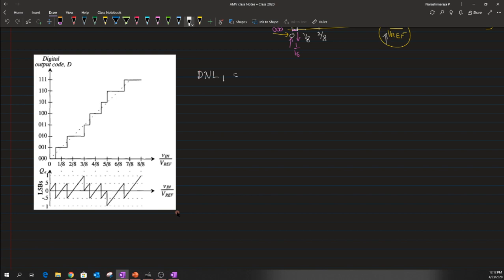So in this case, how will I measure the width of this particular step? I have to look for this value of 001 and then measure its width. Clearly you could see that the width falls across these two extremes, and the width of this one is measured as 1 by 16 minus 3 by 16.